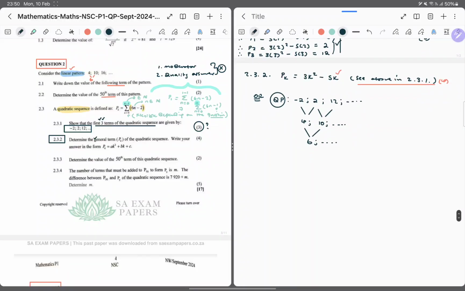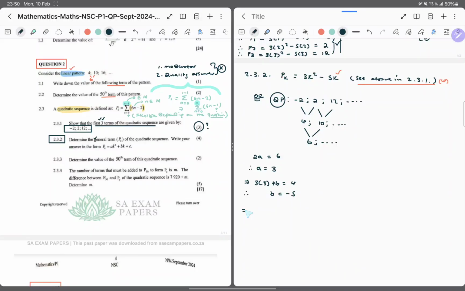Okay, so we know that essentially 2a is going to be 6, therefore a is 3. This implies that 3 into a, which is 3, plus b should be equal to 4, therefore b is 4 minus 9, which is minus 5.